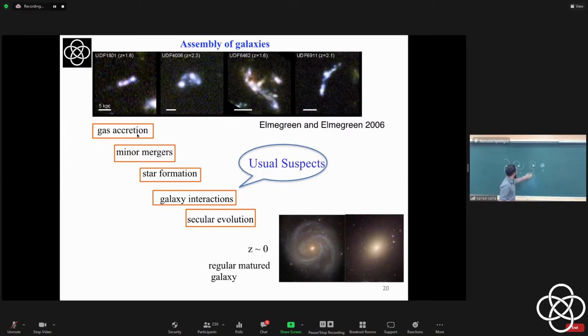When you look at a galaxy, imagine some kind of structure here. The question that comes is that if you see stars here, of course you see starlight.